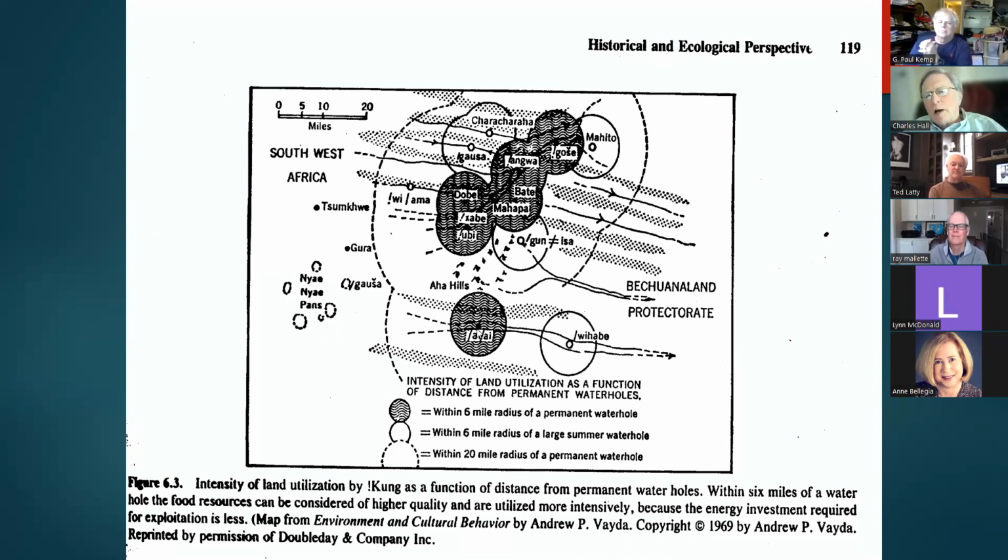And they go from water hole to water hole to water hole, staying at each one for a matter of weeks or a month or so. And they go on a regular cycle to the different water holes where they would gather the principal food, mongongo nuts, which are sort of walnuts, from the immediate vicinity of the camp.